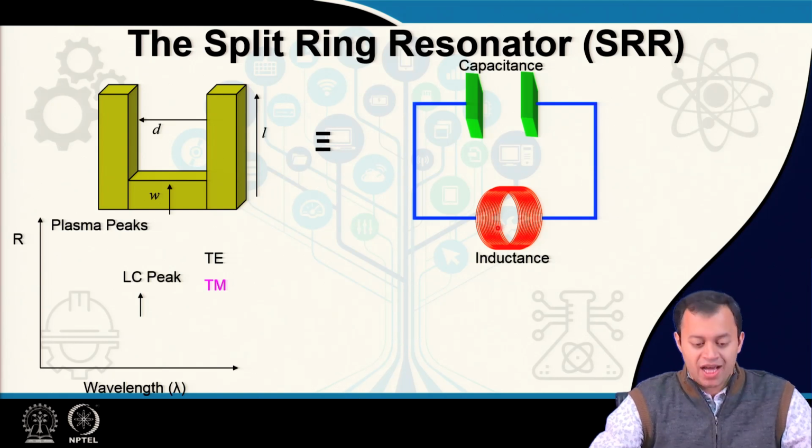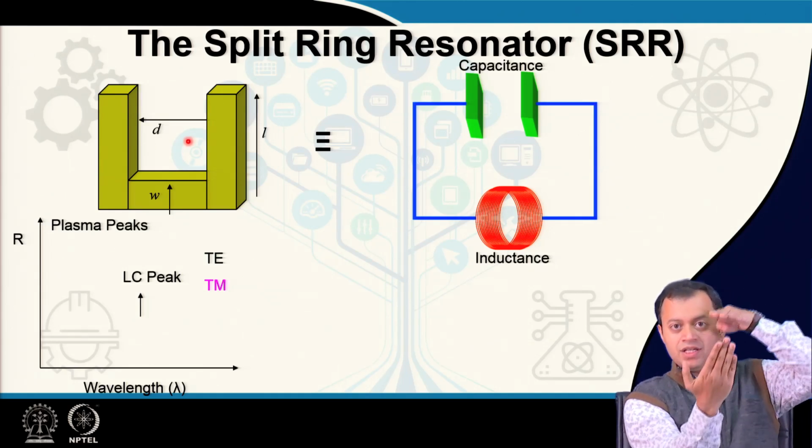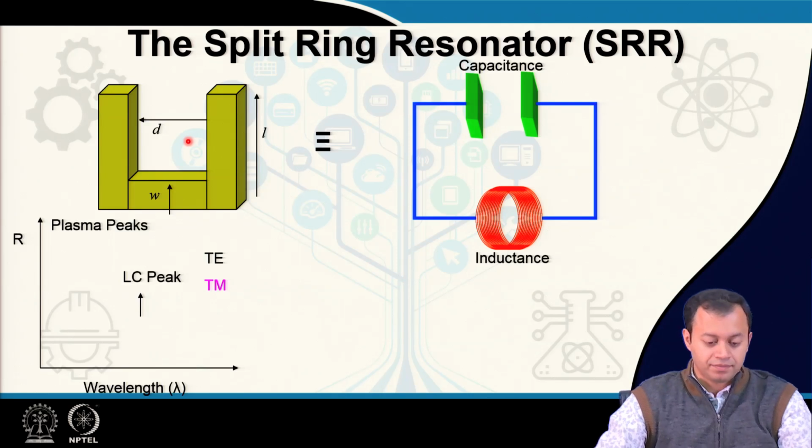Now, when you shine polarized light onto it, polarized light, again remember polarization with a specific direction of electric and magnetic field, say normal, so this is your split ring resonator, you are sending light directly onto it. These are the length, width and the gap, etc. Do not worry.